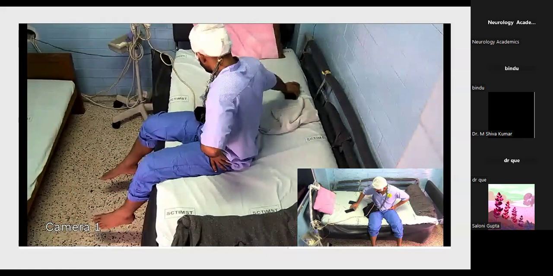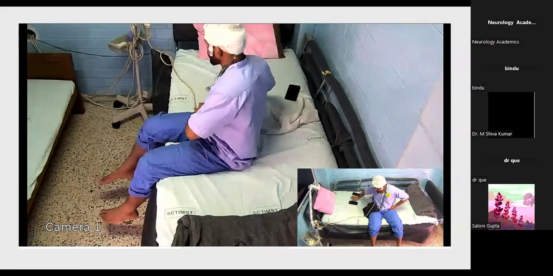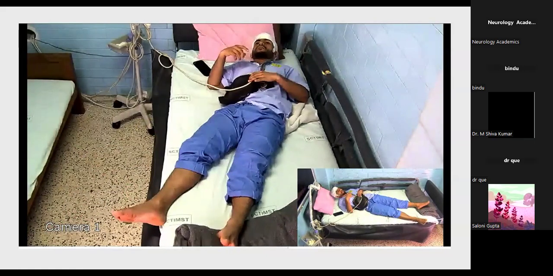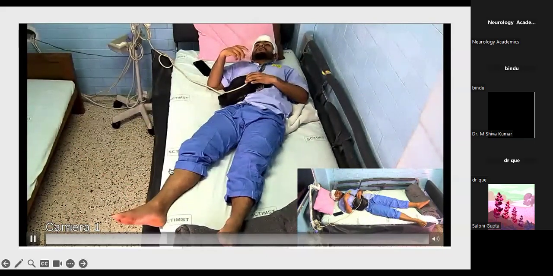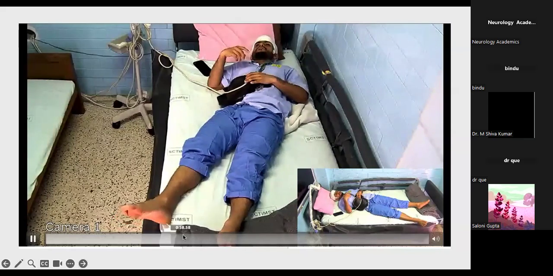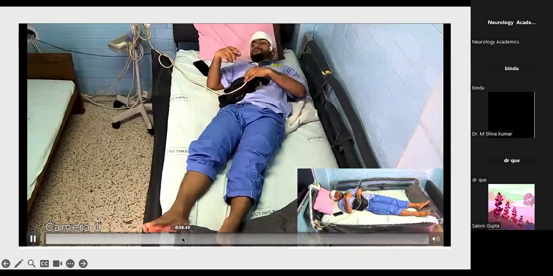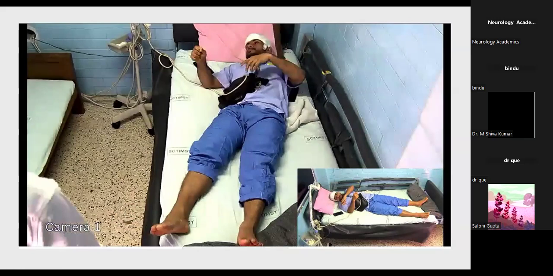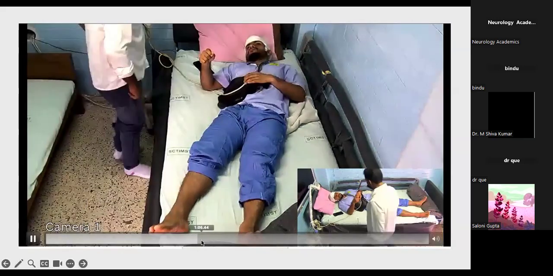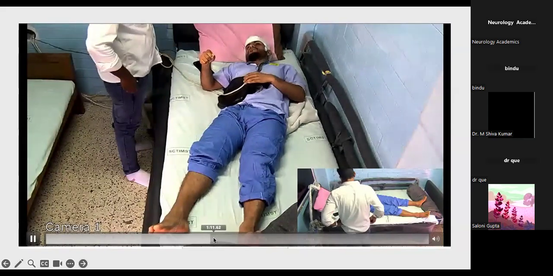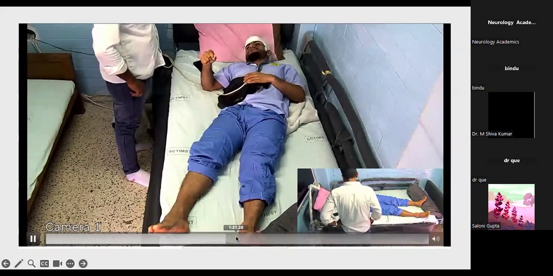Then he preferred to lie down, with behavioral arrest. Calling the bystander and indicating to press the buzzer as he is having continued aura, with posturing of the right upper limb, and perioral automatisms.